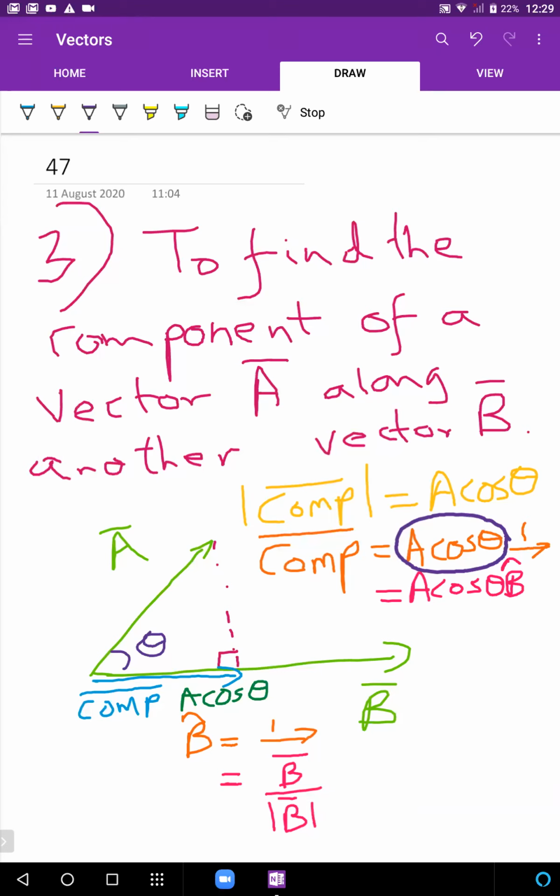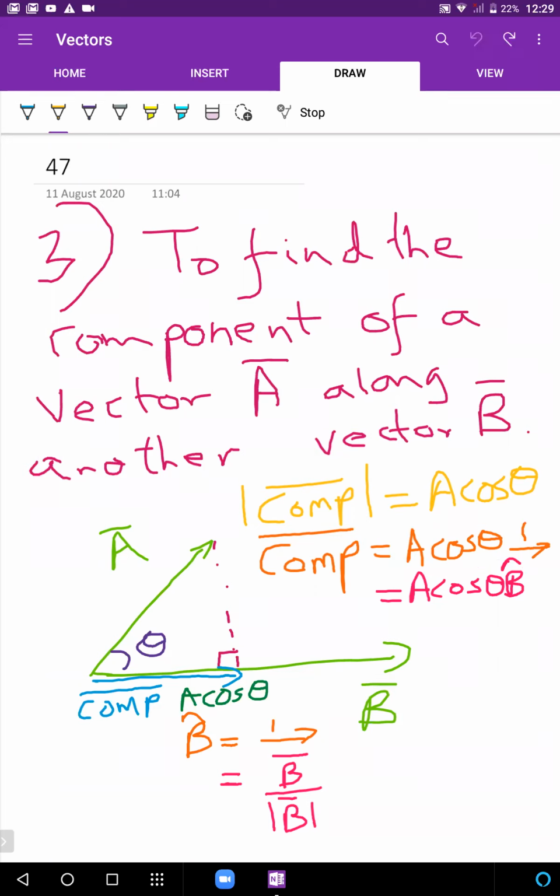So what are we doing? We are multiplying the magnitude with a unit vector in the desired direction. तो यहाँ पे भी मुझे क्या करना पड़ेगा? पूरा वेक्टर के लिए I'll have to multiply A cos theta with a unit vector in the desired direction. Now what is my desired direction? वापस समझा देता हूँ.